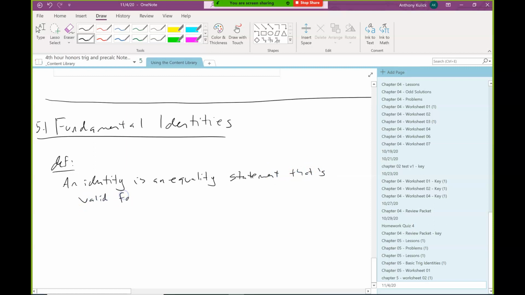A silly example of something you could consider an identity would be something like this. That's always true regardless of the value for x.